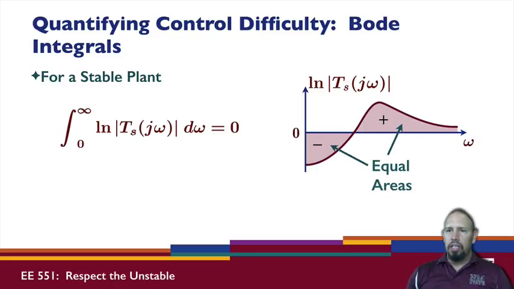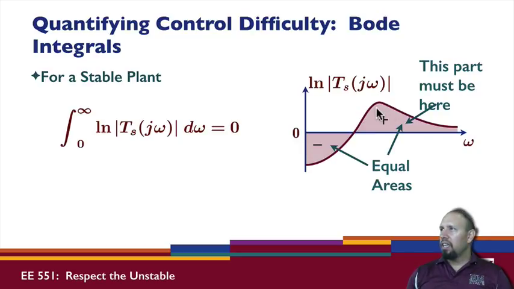Okay? Equal areas. So in particular, what that's saying is, this part must be here. That is, I can't ignore the fact that if, for example, I had a reference signal that had frequency content in this area, it's not going to track very well. Okay? The sensitivity is going to mess us up in terms of tracking. But we cannot get rid of this.